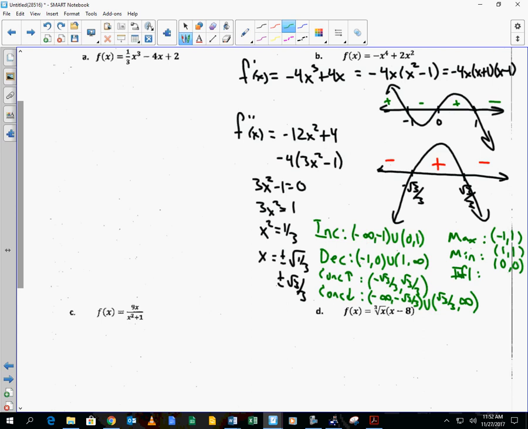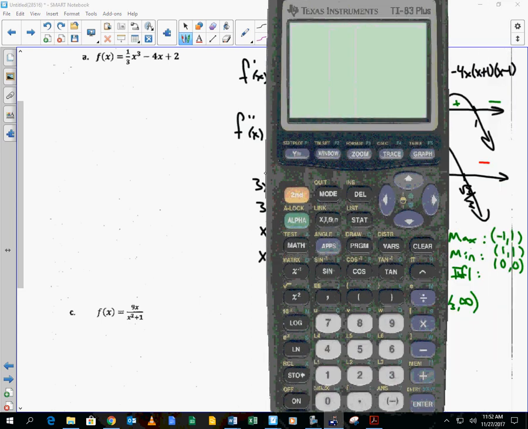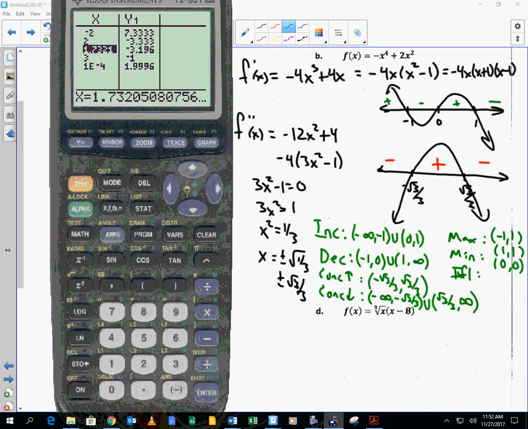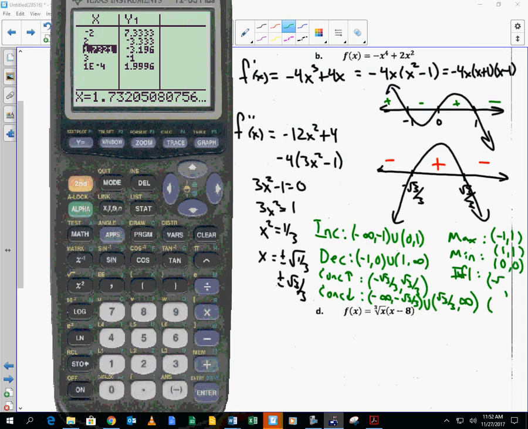What do I do about inflection? When does the inflection occur? Inflection occurs where the second derivative changes sign, right? Yep, negative root of 3 over 3 and positive root of 3 over 3. So I plug those in.